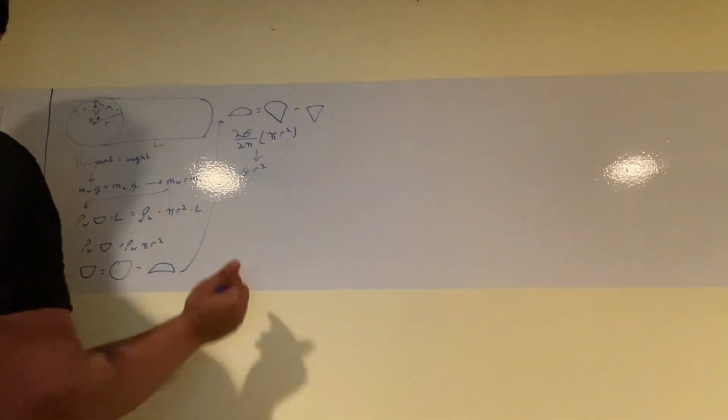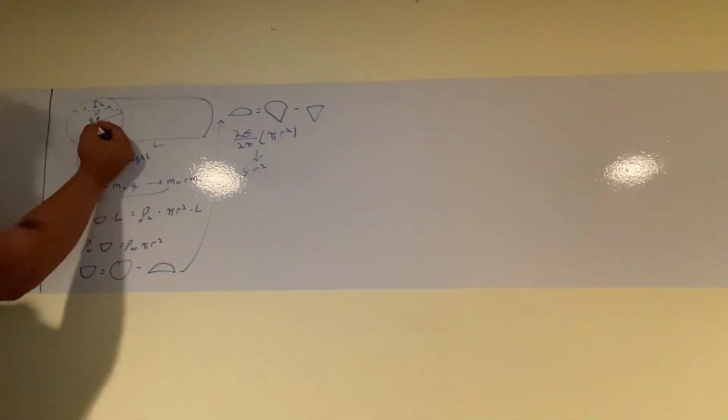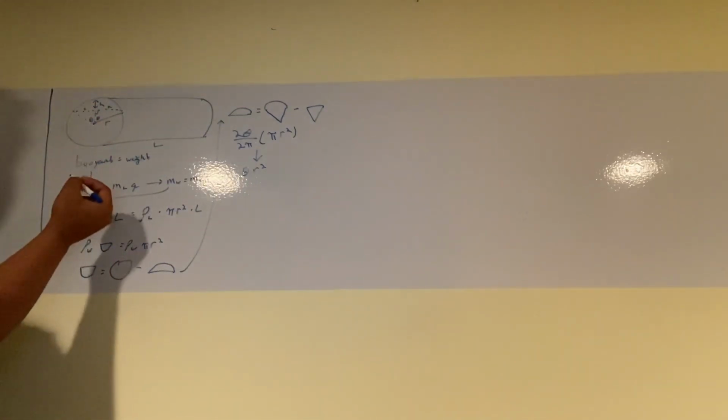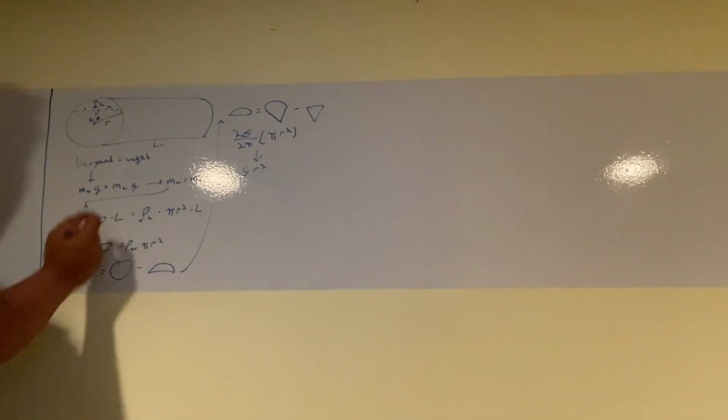In order to solve for theta, we can do arc cosine of this triangle, which would be this length over r, so adjacent over hypotenuse.